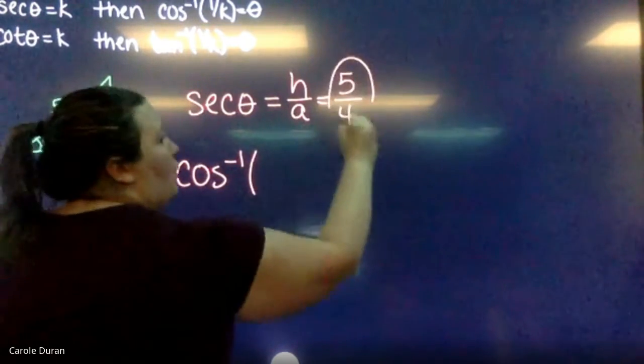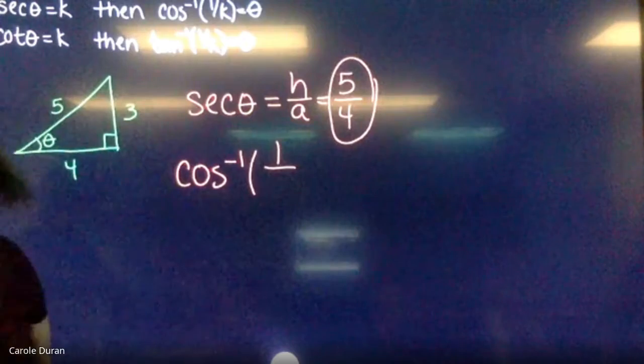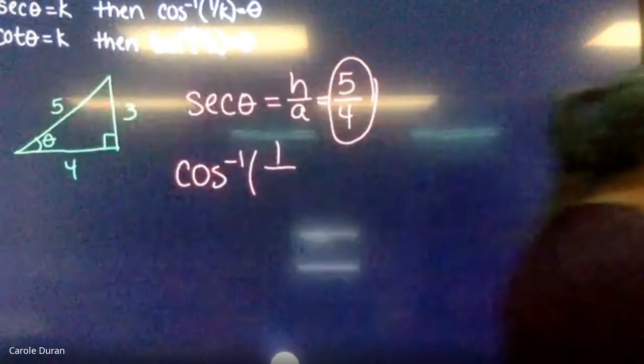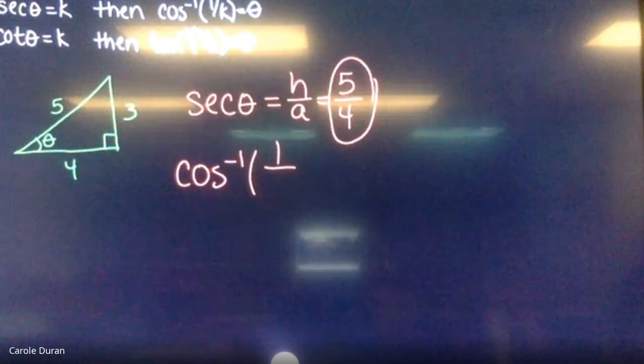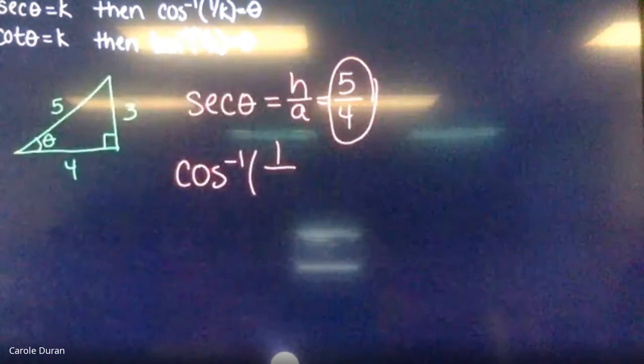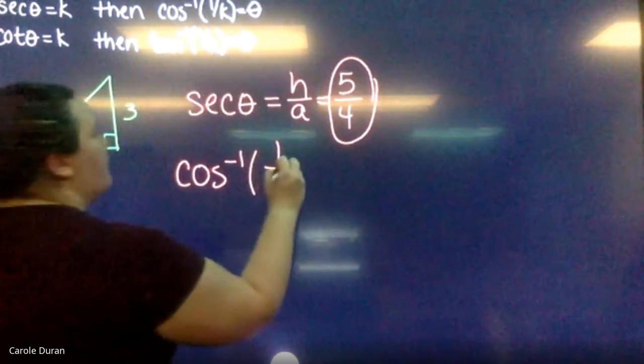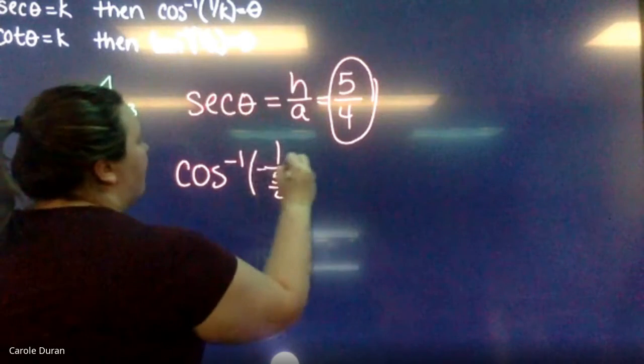of 1 over that ratio. So why are you using cosine? Because it is the reciprocal of secant. Okay, my ratio was 5 over 4, so I need to do 1 over 5 over 4.